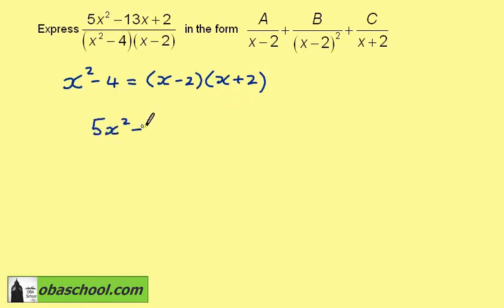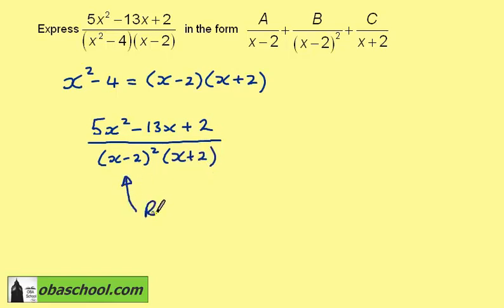If we now look at the original expression, we can rewrite the denominator so that it's x minus 2 all squared, because we have this x minus 2 and this x minus 2, multiplied by the x plus 2.